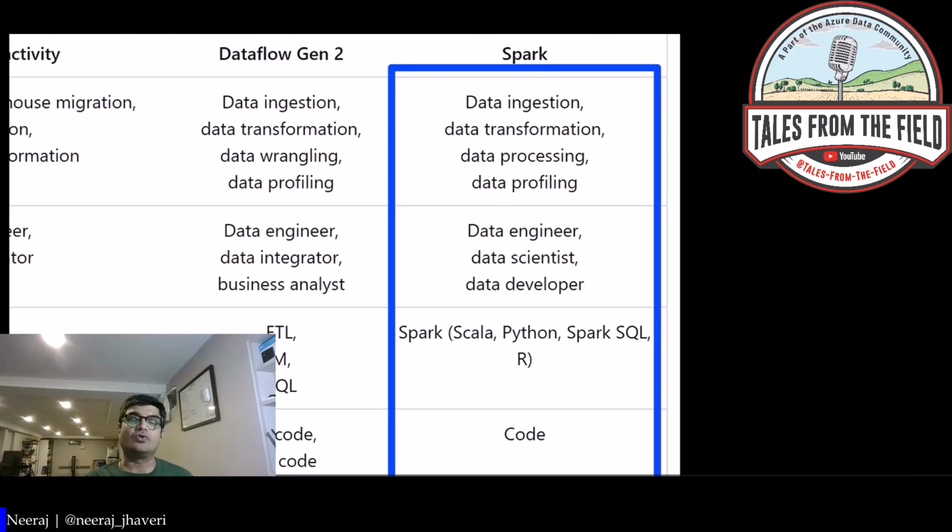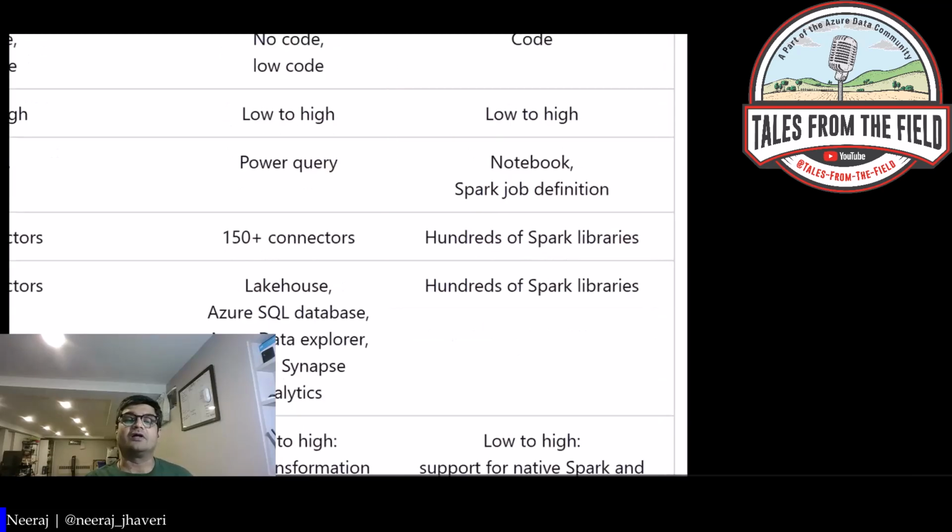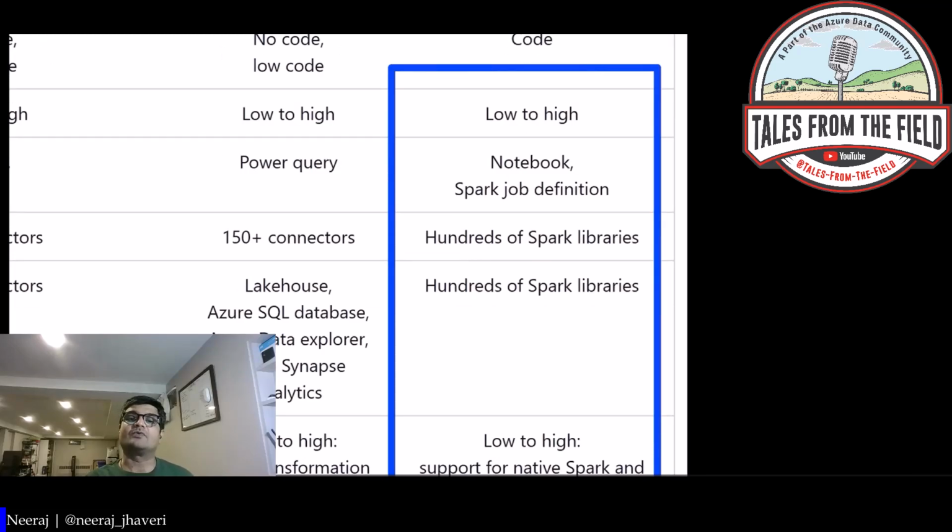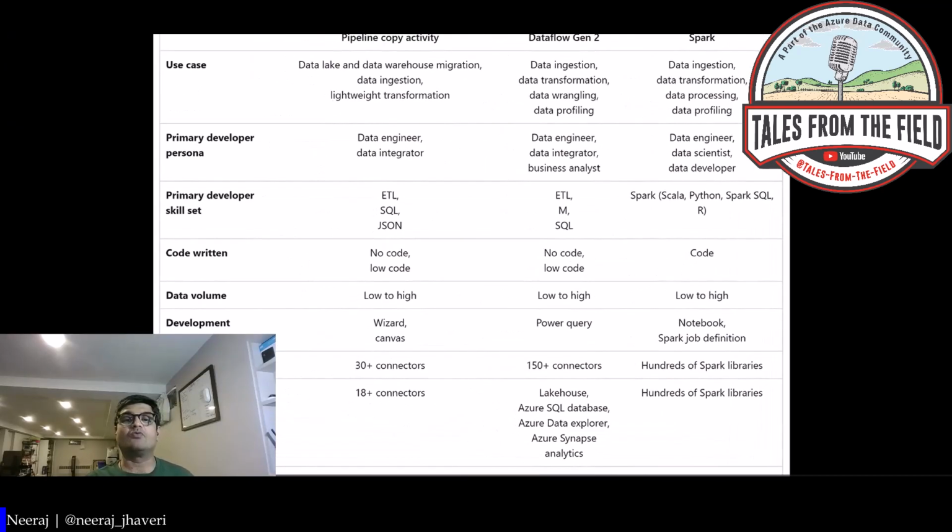You definitely need to know code, then only you can work in Spark. Notebooks are supported in there. Hundreds of Spark libraries are supported in there. It also supports all the Spark and open source libraries. So anybody who wants to use Spark, knowing code is one of the key criteria.